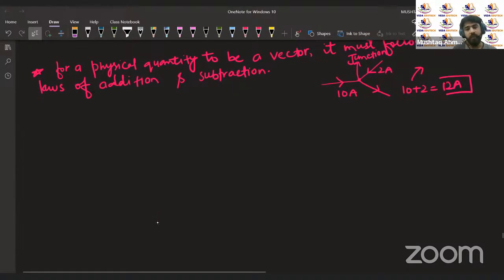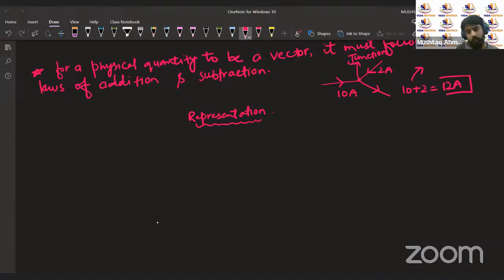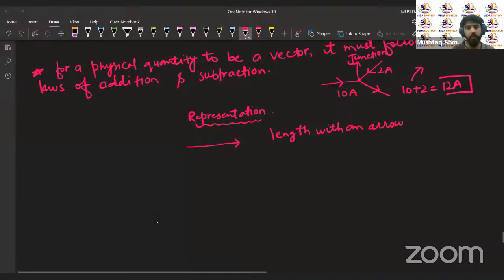So how do we represent a vector? Representation of a vector. How are all these vector quantities represented? These vector quantities are represented by a length with an arrowhead, or a line with an arrowhead.